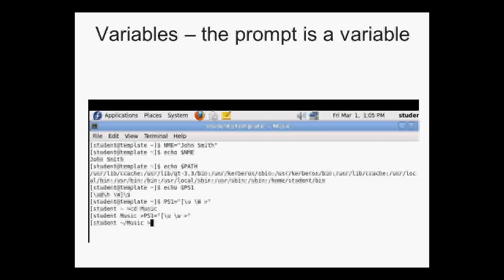Also on the screen you see that we have the prompt, echo $PS1. That is our prompt variable, and the first echo $PS1 shows what the prompt is currently set to. These are special characters: the \u, the \h, and the \W. \u is for user, the @ sign is just the @ sign, and \h is for host.